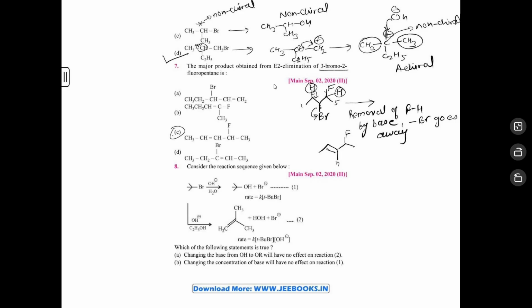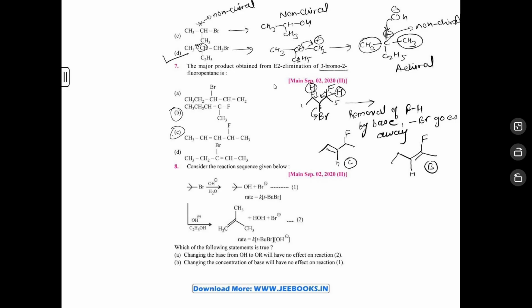But if you remove this other beta hydrogen, then you will have this product, and it is matching to B. So the answer could be C or B. Now we have to understand which is the major product.